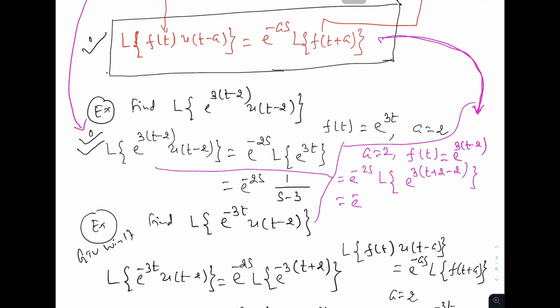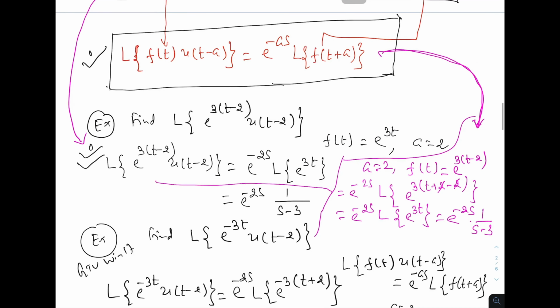So it is e power minus 2s Laplace transformation of, this 2 to cancel, e power 3t, and so this is equal to e power minus 2s 1 upon s minus 3. So better to use the same results in the same format for every example. Thank you so much.